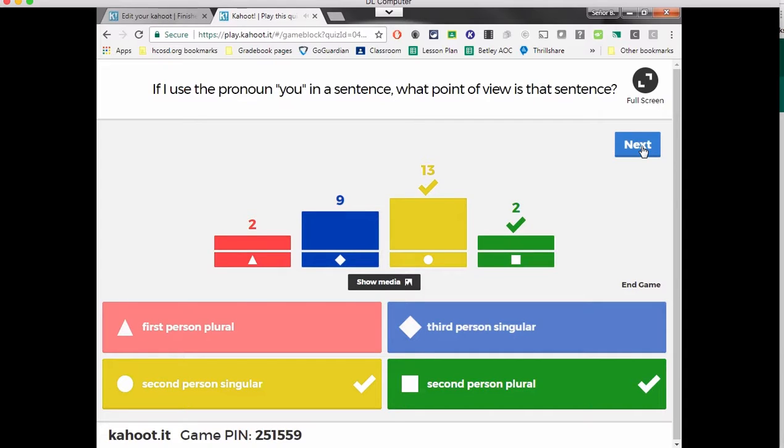Okay, so in the United States, I can be talking to Dash and I can say, Dash, you're one speedy dude. Or I can say, Dash and Elastigirl, you two, or you guys, or you all, or if we were in Texas, y'all are some seriously awesome superheroes.